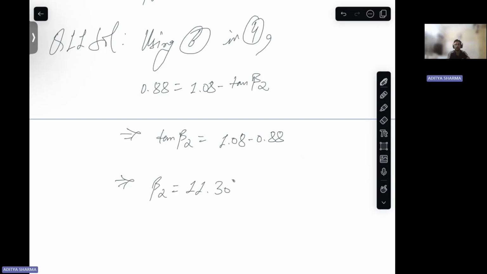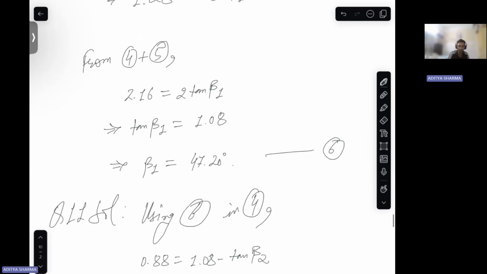So this is the blade angle for the exit of the rotor, and this is for the inlet. So this is it about today's session.